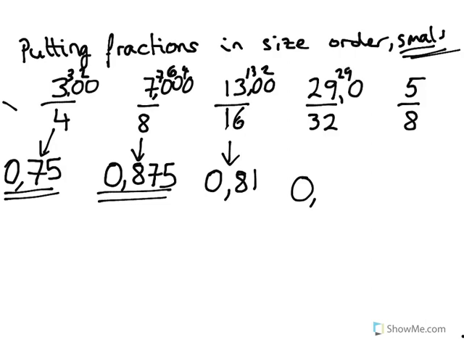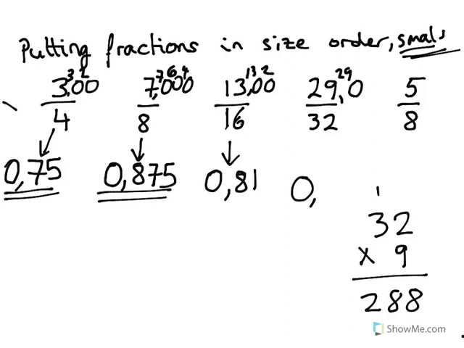Now we've got to know how many times 32 is going to go into 290. Well, I would guess 9 times. 2 9s, 18. 3 9s, 27, plus 1, 28. 288.